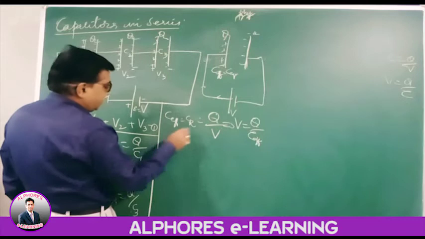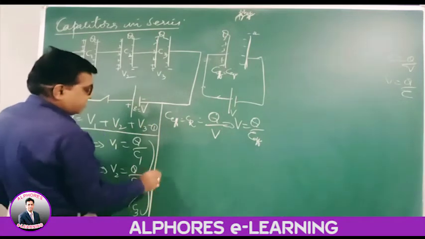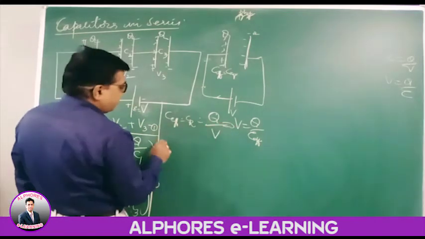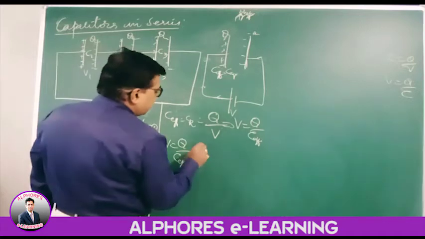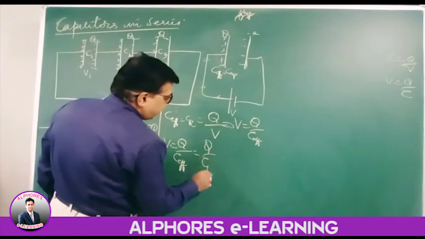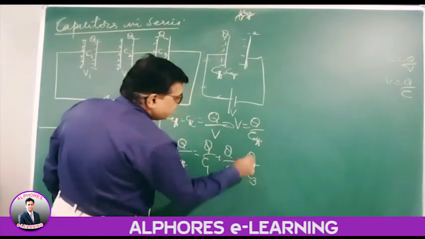Substituting equation 2 in 1, the potential V, that is Q by C effective, is equal to V1 plus V2 plus V3. V1 is Q by C1, this is Q by C2 and this is Q by C3.